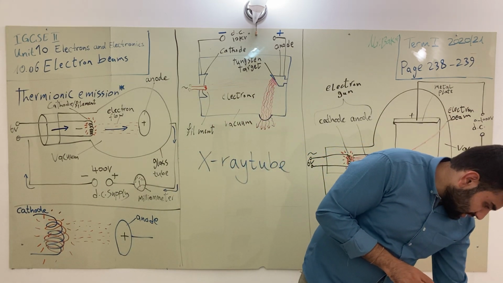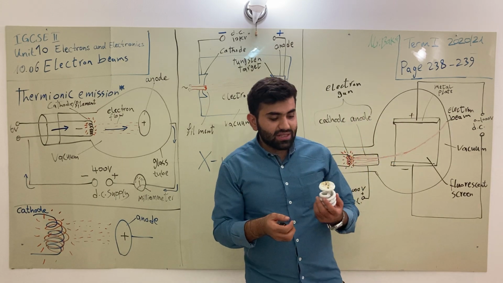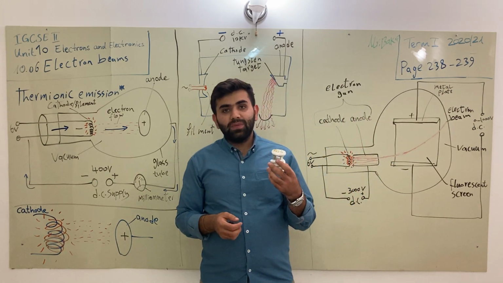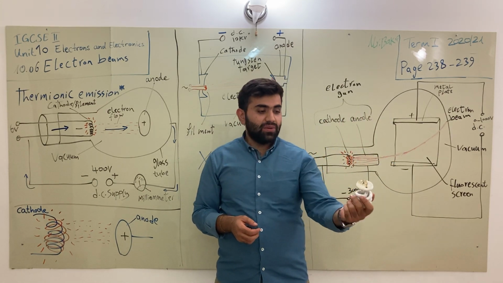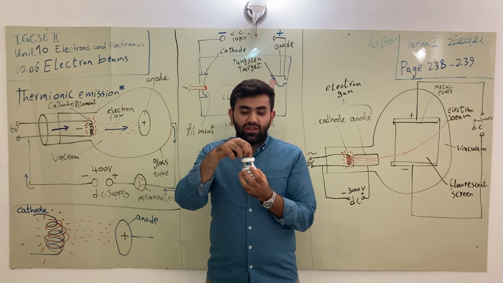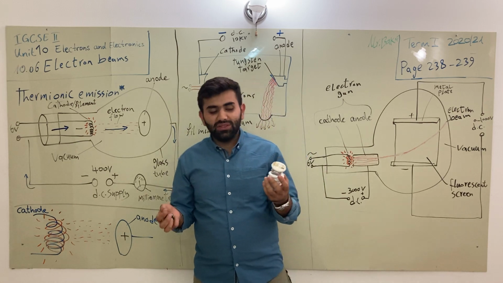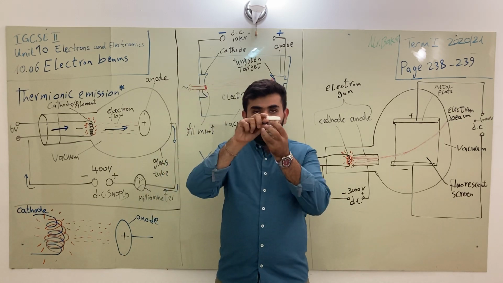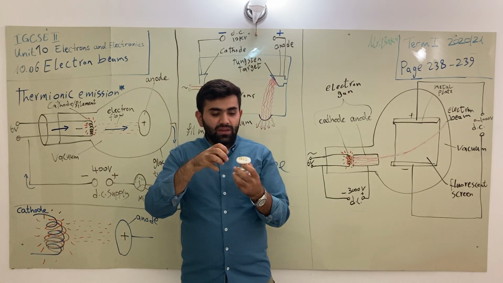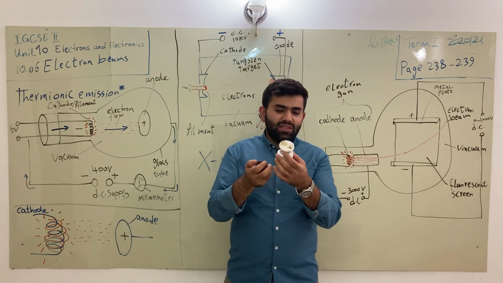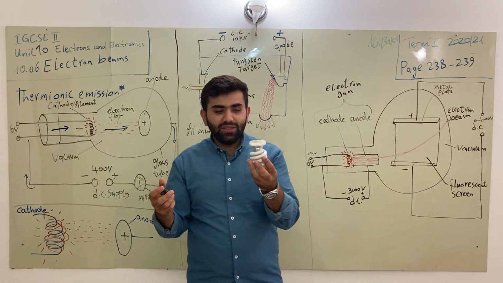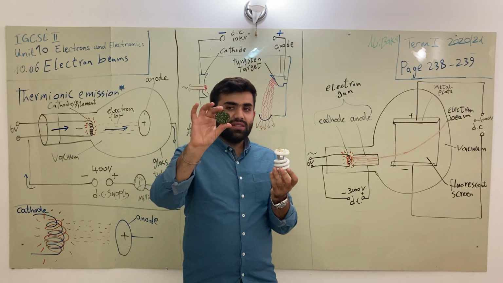Inside it there is a poisonous gas, the mercury vapor. If you breathe this it will be really bad, so try not to breathe it, and also the long old ones. This is an example of a low energy lamp, as you can see, and this is its circuit.